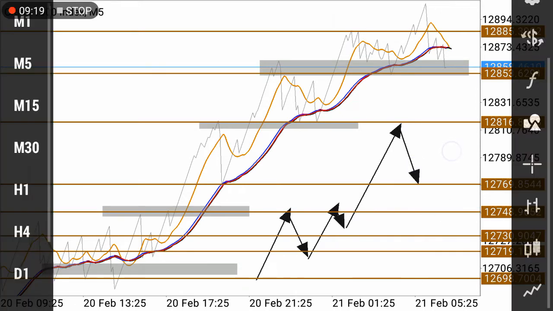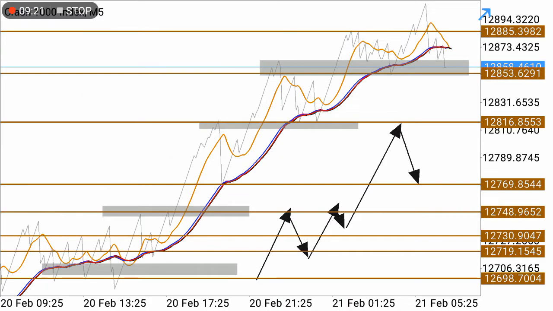Once the market touched this, the price bounced back, and look here, it also broke all the new and previous support and resistance and came to the next level.